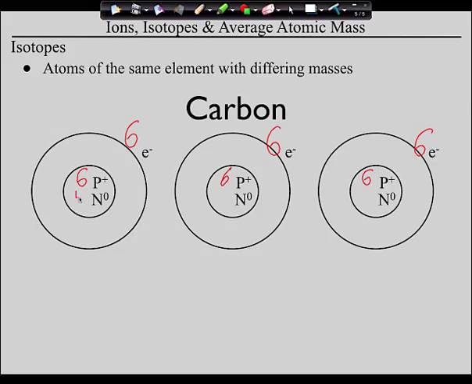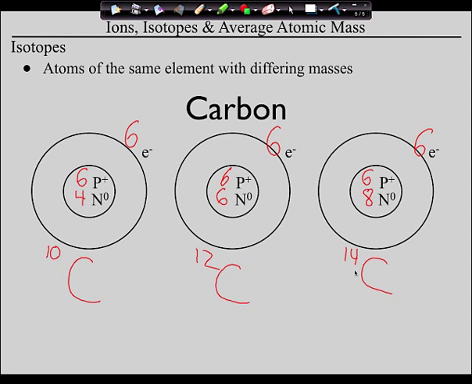There's one isotope of carbon that has 4 neutrons. There's another isotope of carbon that has 6 neutrons, and there's another isotope of carbon that has 8 neutrons. So how are they different? This weighs 10, this weighs 12, and this weighs 14.